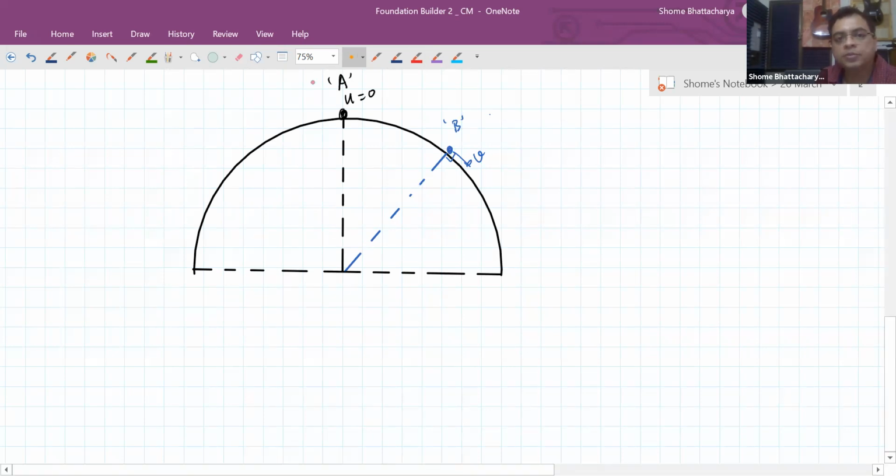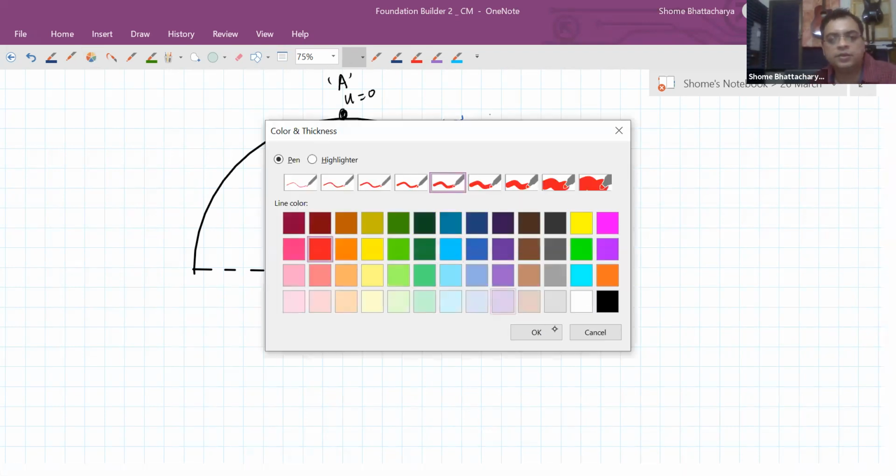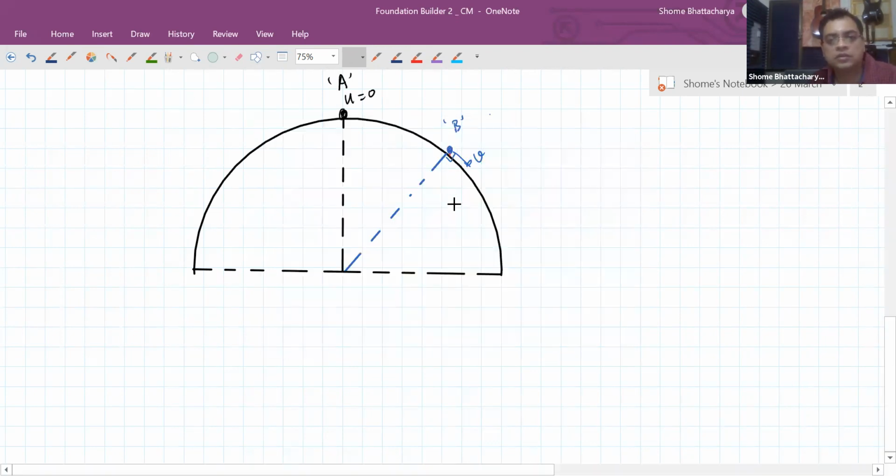So you can see that at any point like this, the forces acting on it are two in number, which are mg and normal reaction. And you can see mg is the conservative force which is doing positive work. Hence, its potential energy is decreasing. Whereas normal reaction is a force which is not doing any work, because it is perpendicular to the instantaneous velocity.